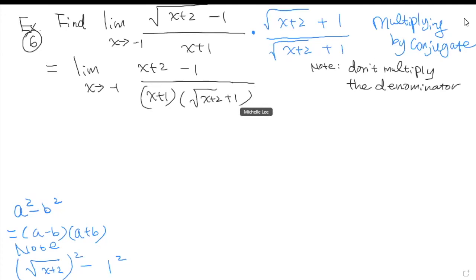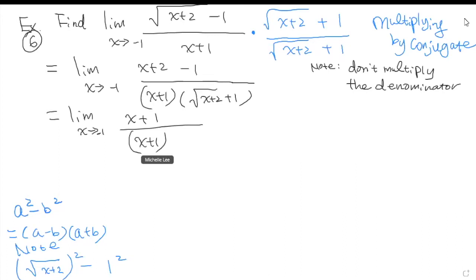Okay, now x plus 2 minus 1, what do you get? You can do it. 2 minus 1. So it's just x plus 1. Now, we can see that we can simplify.